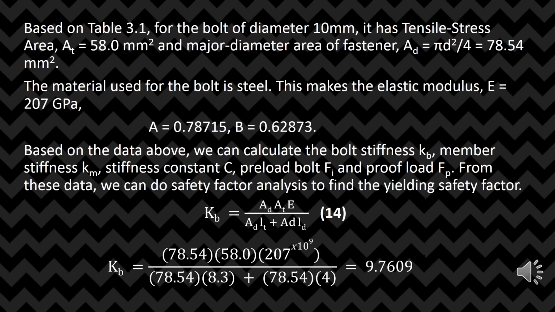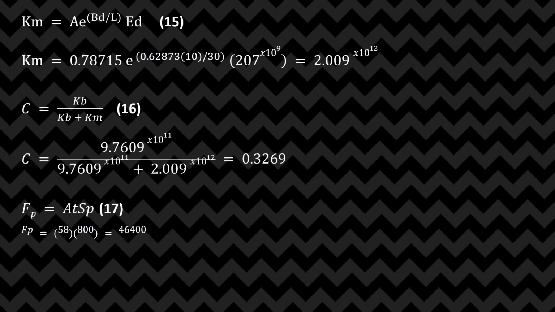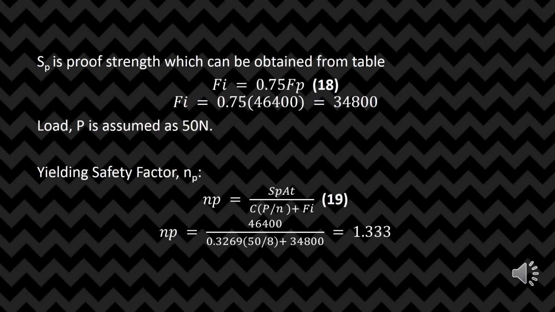After having these results, we can do safety factor analysis to find the yielding safety factor. Finally, the yielding safety factor is equal to 1.3333.